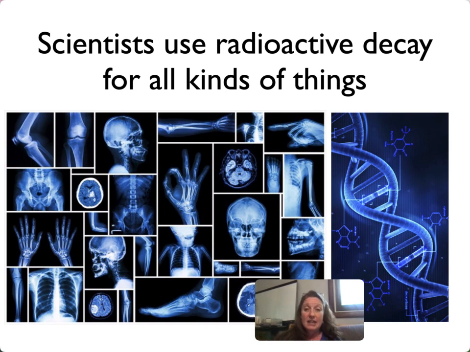The list of things that we use radiation for is too long to cover in this unit. But fundamentally, it comes from the concept that atoms exist in different isotopes. One of those isotopes is more stable than the others. And in the effort for unstable isotopes to become stable, they emit energy or radioactive decay that we can use.